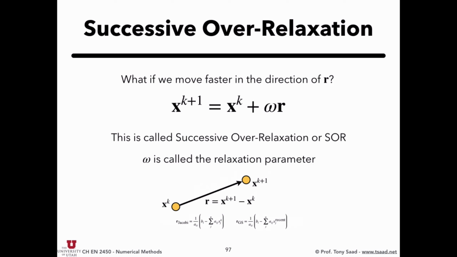Part of the assignment is that there are actually optimum values for omega that will give you the fastest way to get to the solution. But in the vast majority of cases, we don't know what omega is. For certain cases, omega is related to what's called the spectral radius of the matrix, which has to do with the eigenvalues of the matrix, et cetera. So I can send you a paper on that. It's fun to read.